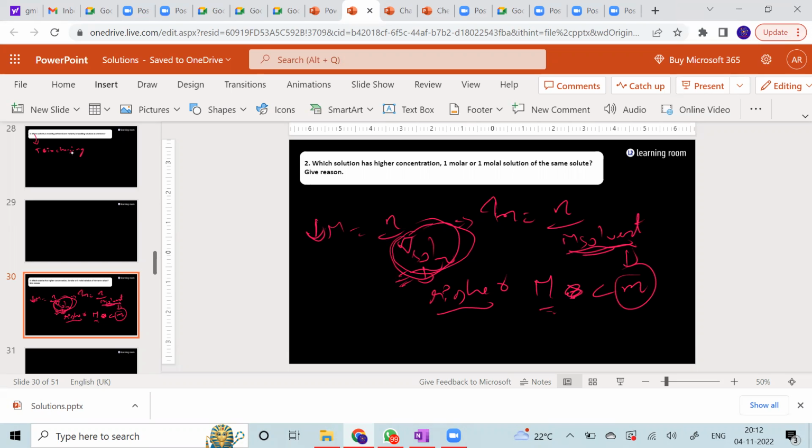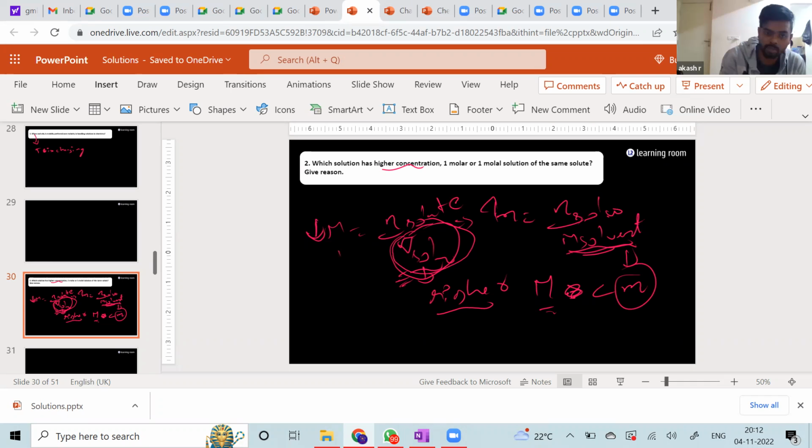Sir, they've given 1 molar and 1 molal. So obviously we're talking about concentration, the number of moles of solute. So we have to assume that M is 1 here and this M is also 1.